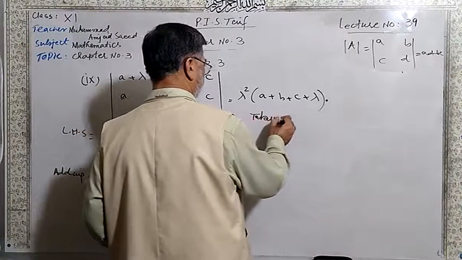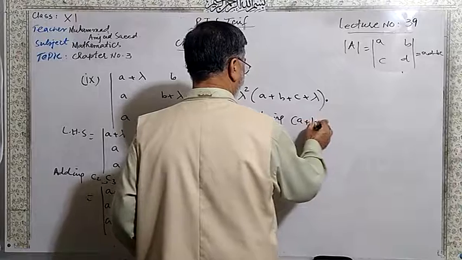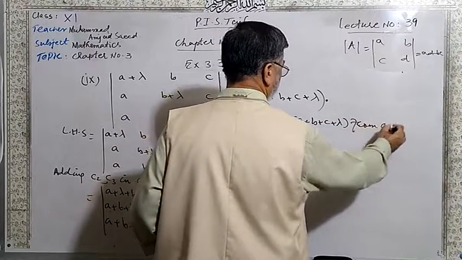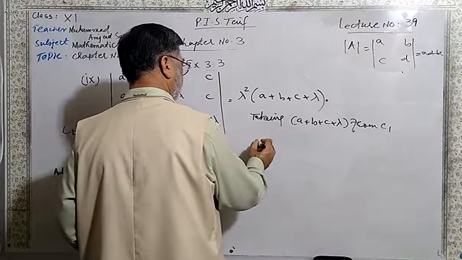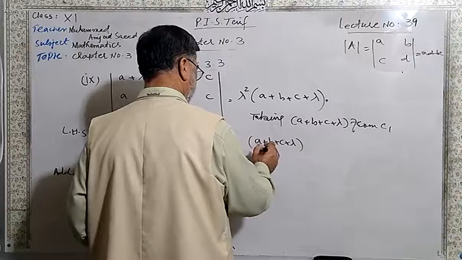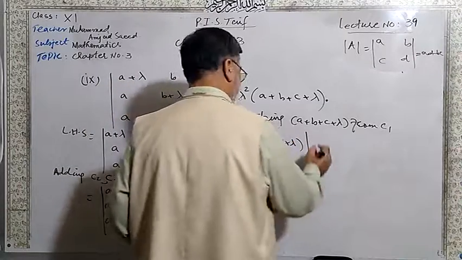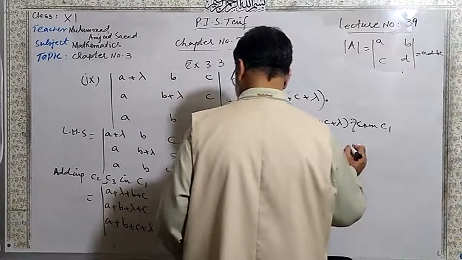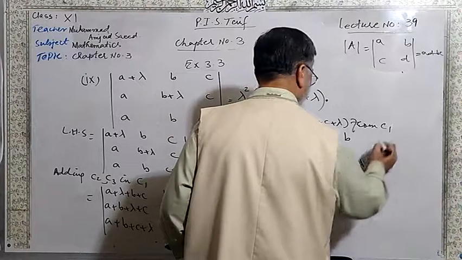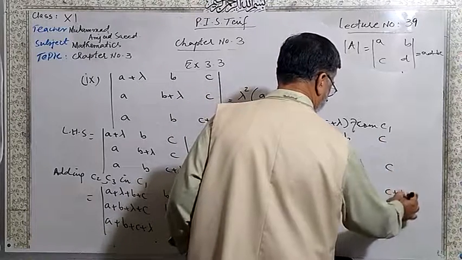Taking A plus B plus C plus lambda common from C1, inside we have 1, 1 and 1, B, B plus lambda and B, C, C, C plus lambda.